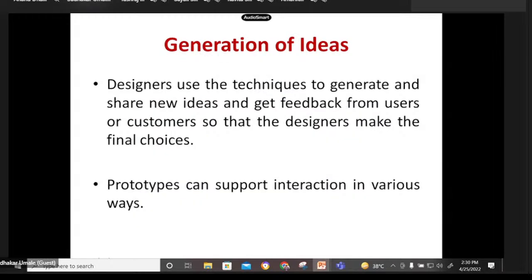And hence, according to this, we have to generate ideas. It is called generation of ideas. Designers use techniques to generate and share new ideas and get feedback from users or customers so that the designers make the final choices. Prototype can support integration in various ways.